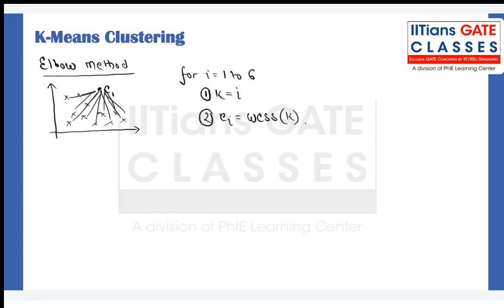So the WCSS is nothing but you would look at each cluster C from 1 to k, look at each point x belonging to that cluster C, and sum over x minus the centroid of that particular cluster C, squared. This is the within cluster sum of squares distance.